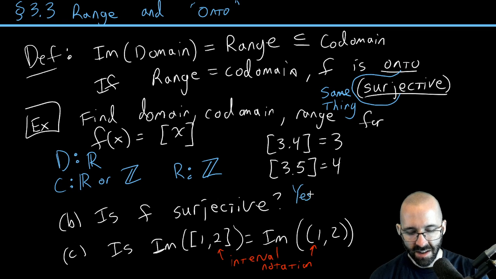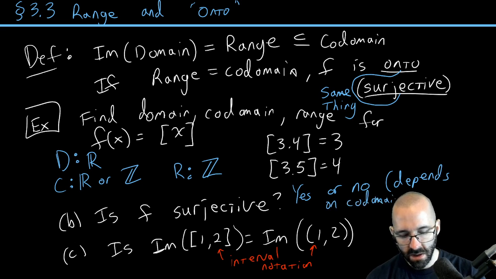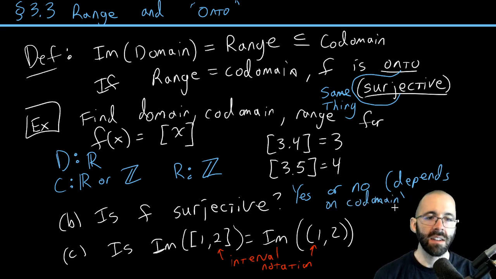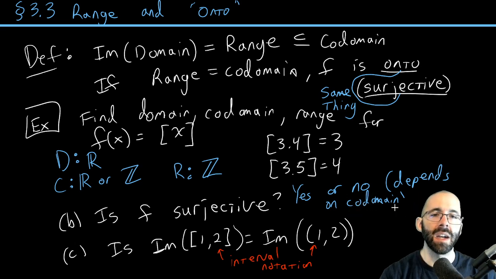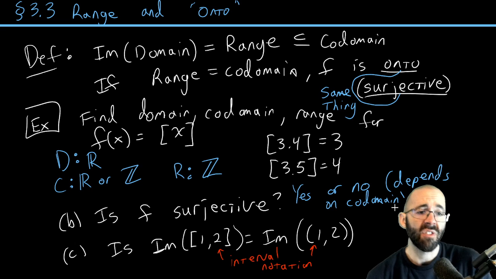So this could be yes or no, right? Depends on codomain. And again, usually there's not going to be multiple codomains. When you create your own function, you can have whatever codomain you want. But usually when I give a function, I'm going to give you the domain and I'll give you the codomain. You would still have to find the range though.